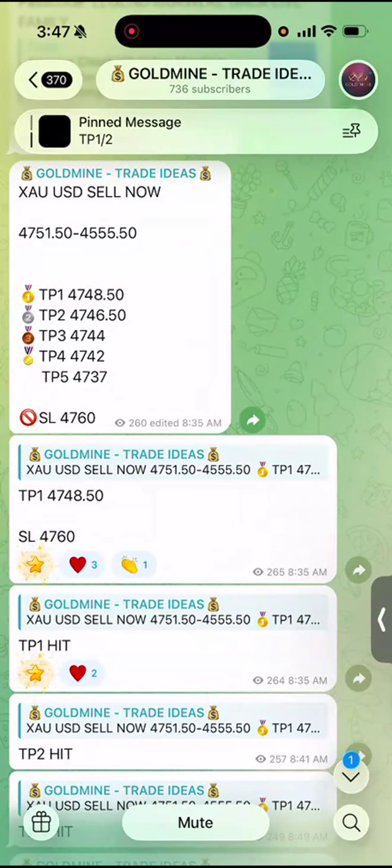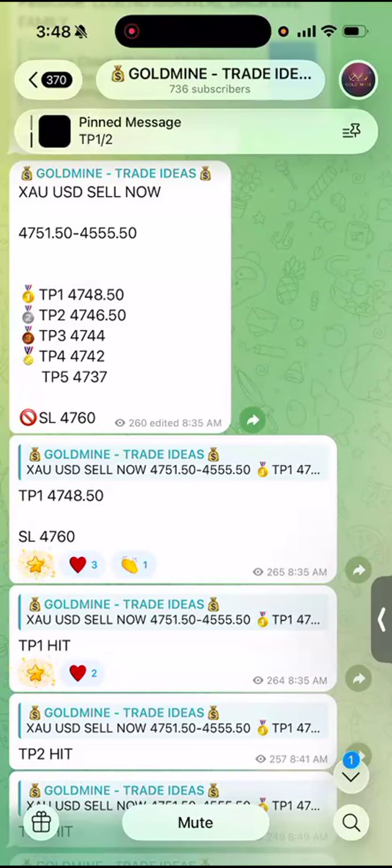That's not all. Another challenge is that by the time I'm entering at 4750 and it's coming to SL, I'm going to be losing exactly $10 when I should be losing maybe around $8. So guys, these are the little things we do that don't make sense.